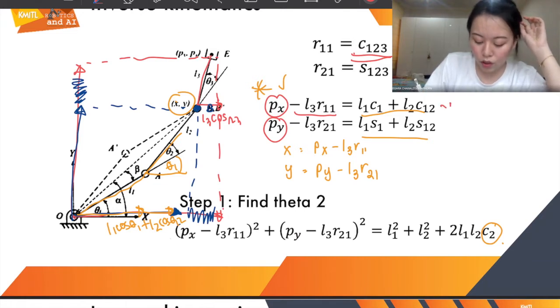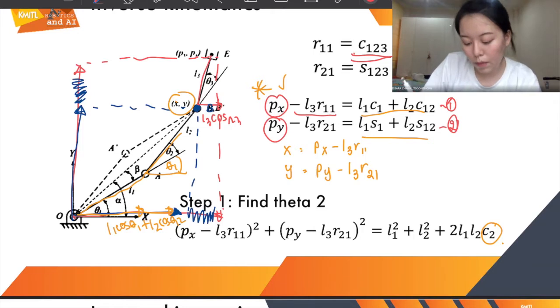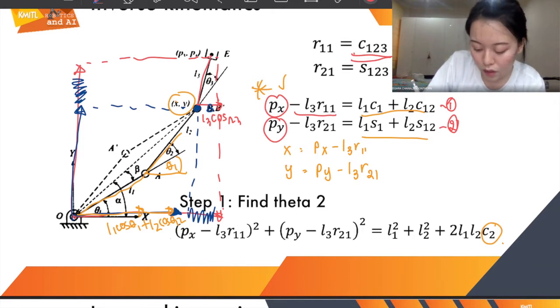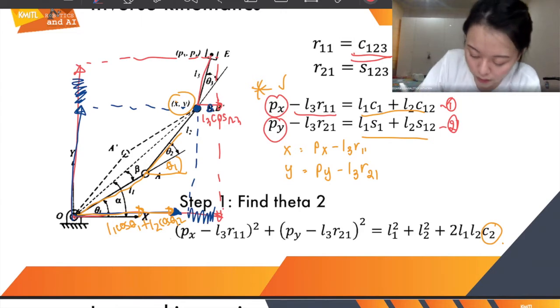The two equations must be squared and summed together. Is it true? I will prove it.